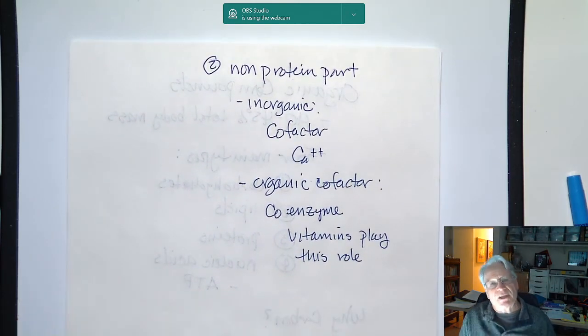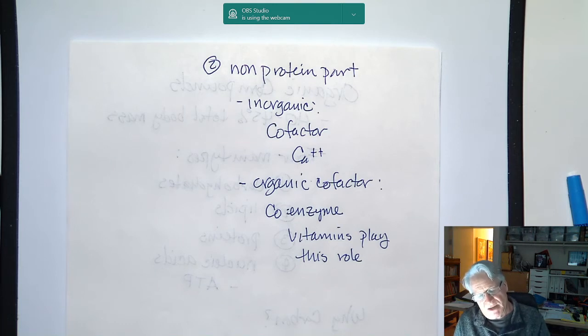If you look at a chart listing the vitamins that we need in our diet, and you look at the function of those vitamins, by far, most of them will say coenzyme, coenzyme, coenzyme, all the way down the list. It's amazing.